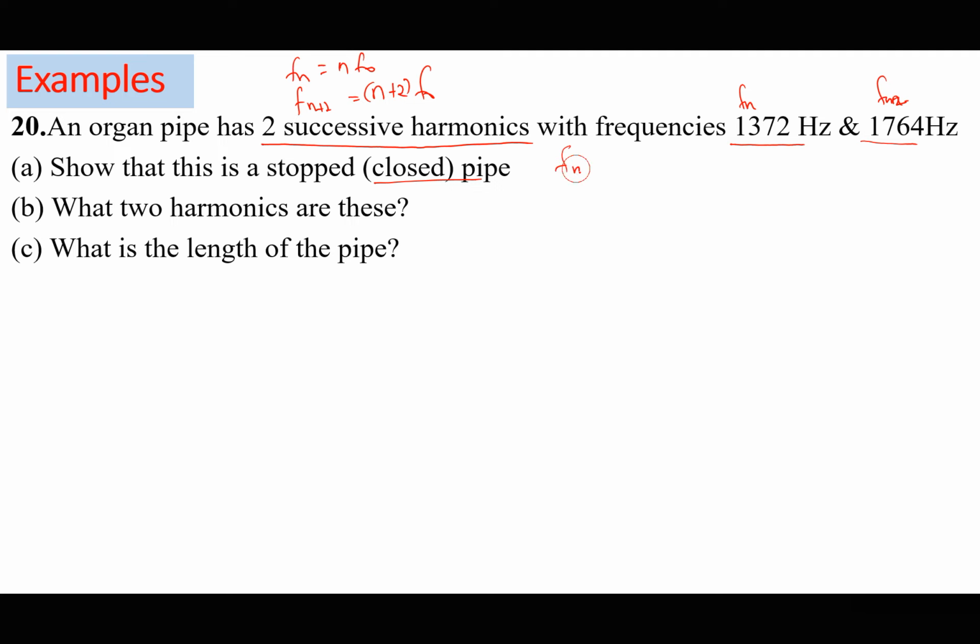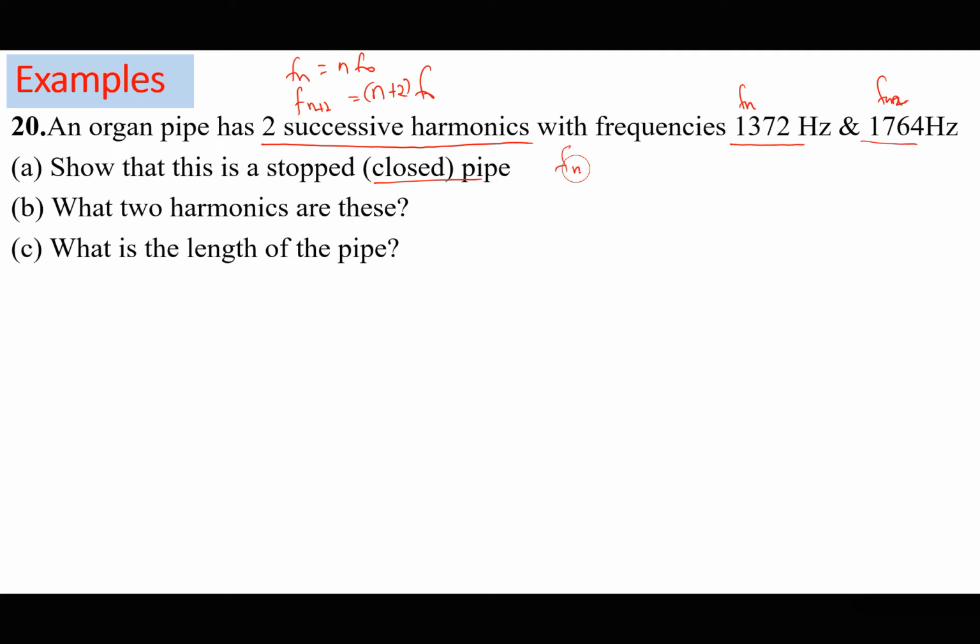So it is 1764 minus 1372 divided by 2. So f naught is going to be 196 hertz. That is the fundamental. The question is, show that this is a stopped or a closed pipe.